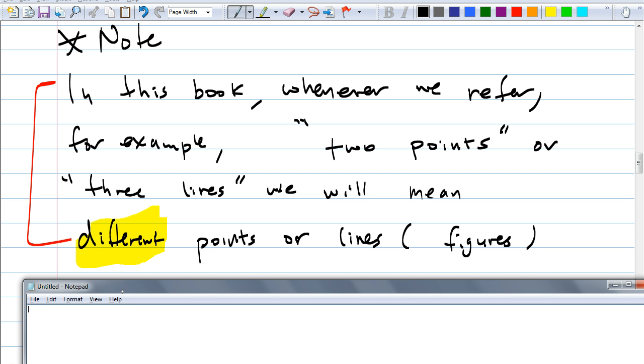Does that make sense? This makes it clear, right? When we say 3 lines, we mean 3 different lines. You understand? Write this down. I'll give you time. Okay, so when we say 2 lines or 3 lines, we mean 2 different lines or 3 different lines. Do you see how this makes things clear? So for example, when I now ask this question, when the 2 lines intersect, the intersection is a point. Is this always true?